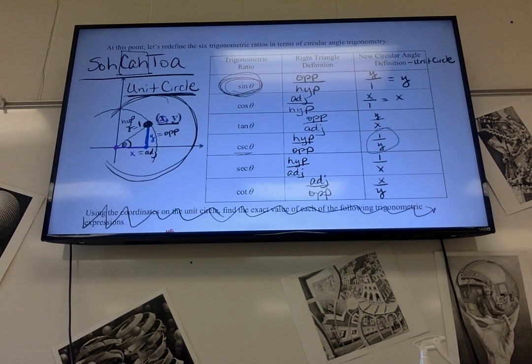So if I had some point over here, it would be the opposite side over the hypotenuse, which our opposite side here was y. And if it's a unit circle, then the radius is always 1. So this is something that you do need to know. The sine of a unit circle is always y. The cosine of a unit circle is always x. Tangent is y over x, and then the reciprocal of those.